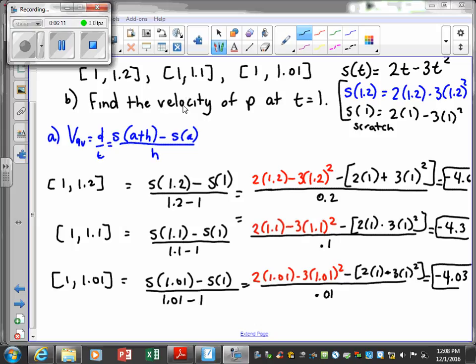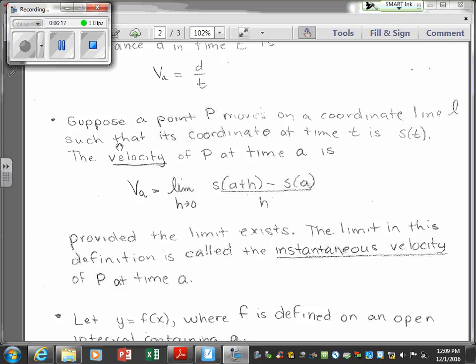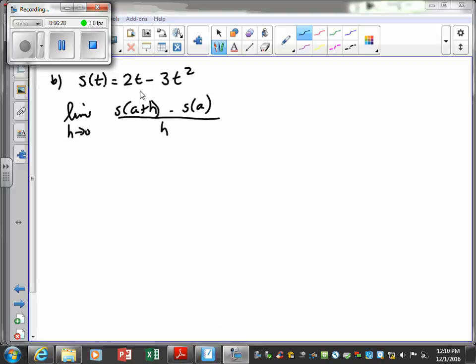The next thing we want to know is the velocity of P at time t equals 1. So suppose the point P moves along the coordinate line. First thing we want to do is calculate the velocity by taking the limit. Okay, we want to use our function and calculate this. So when we evaluate it at a plus h, what does that give us?